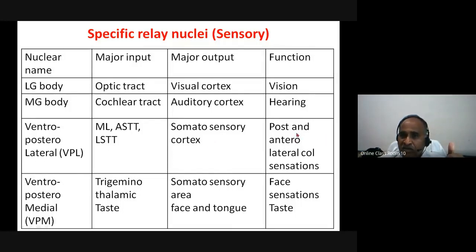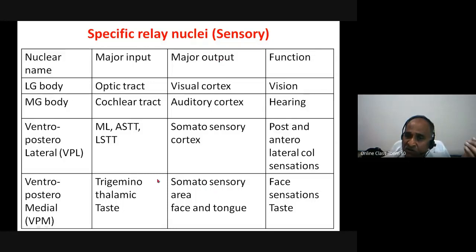So now it will process the posterior and anterolateral column sensations. All the modalities of somesthetic sensations are processed here. Then ventroposterior medial and ventroposterior intermediate. These are known as trigeminothalamic projections. These projections also come from the taste buds, and they will be the somatosensory.